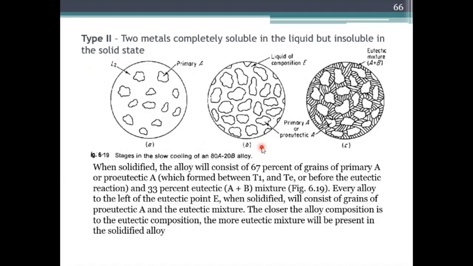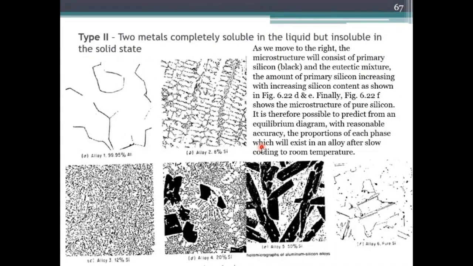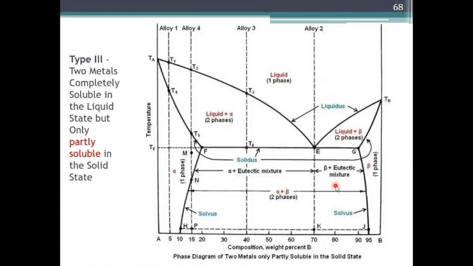Then as we move to the right, we have 99.5, 2.8, 12, 20, 50, and pure silicon. So at different temperatures of silicon and different temperatures of aluminum, the material will behave differently. This is a complete phase diagram.